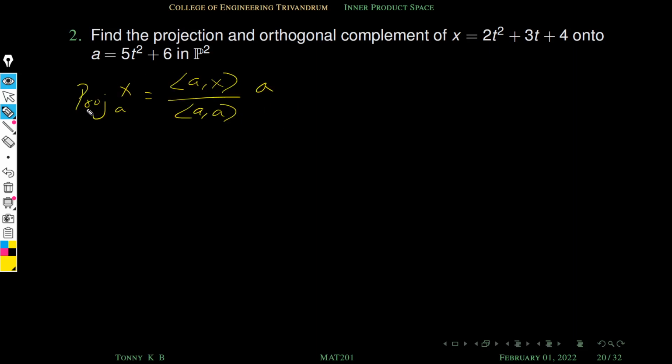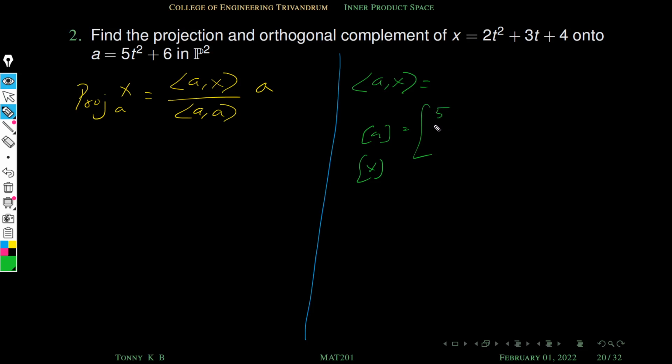We know that the projection of x in the direction of a is equal to the inner product of a and x by the inner product of a and a, or norm a square, into a. So we have to compute these two inner products. What is the inner product of a and x using our induced inner product with respect to the standard basis? First we have to find the coordinates of a and x, then take the Euclidean inner product. The coordinate of a with respect to the standard basis is 5, 0, 6, right?